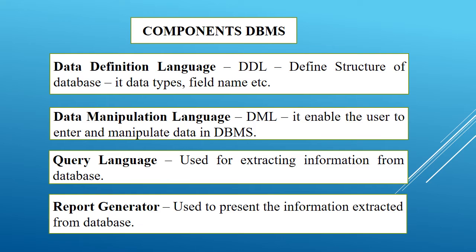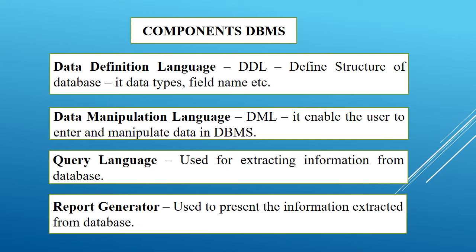And components of DBMS. There are four components. First is data definition language, DDL. In this component we define the data types and field names. Next is data manipulation language. In data manipulation language we enter the data or manipulate the data.